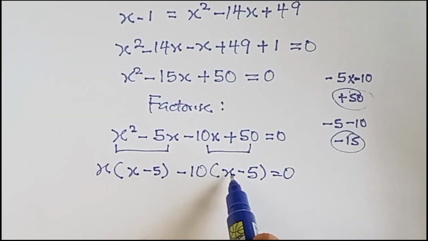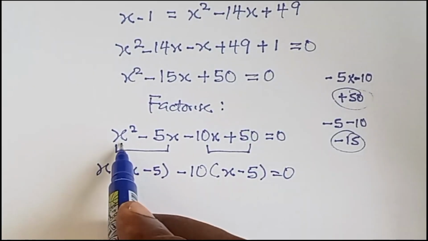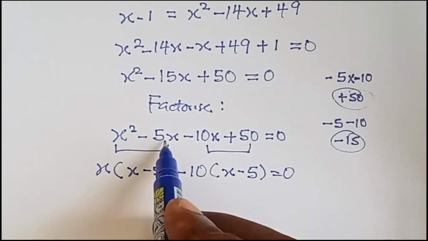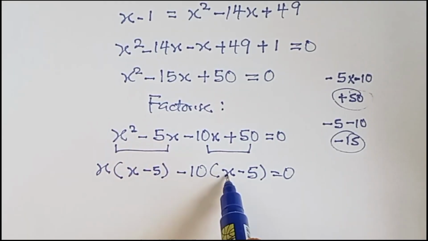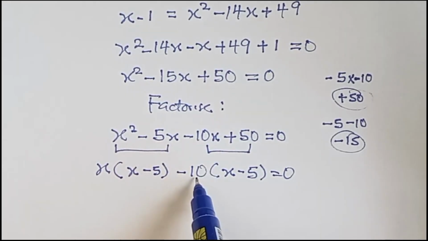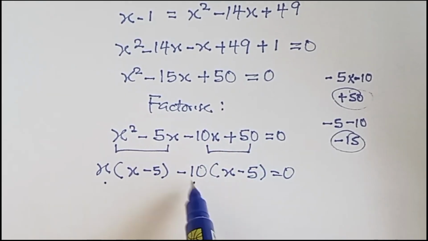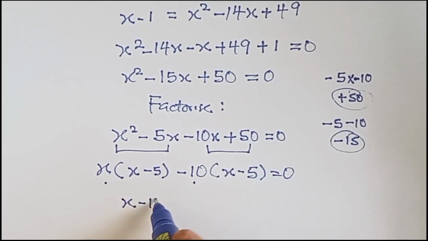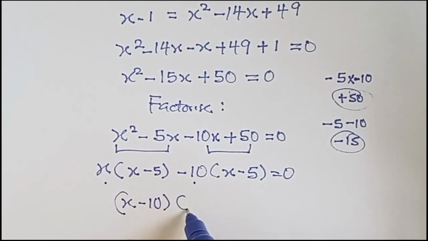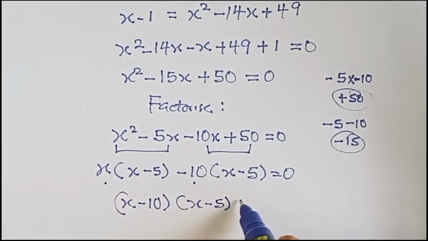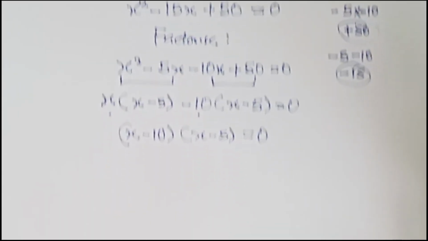Alright, so by the time we open this bracket, we have x times x is x squared, x times minus 5 is minus 5x, minus 10 times x is minus 10x, minus 10 times minus 5 gives plus 50. So we pick this and this, put them together, x minus 10, and then we pick one of the two brackets, which is x minus 5, everything equals 0.